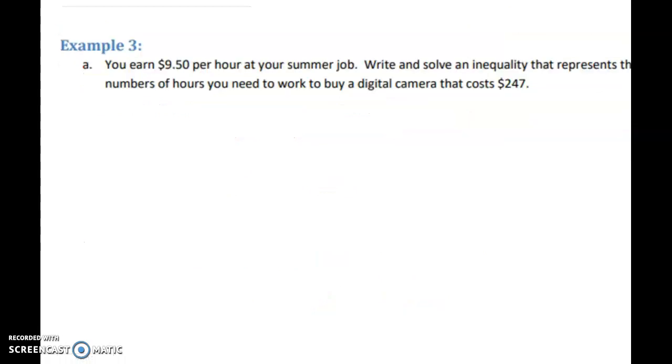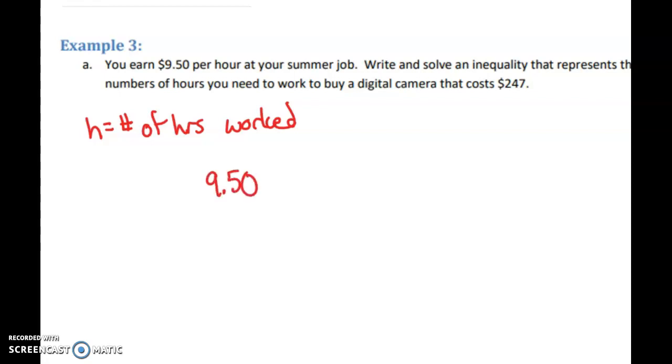All right, on 3A, it says you earn $9.50 per hour at your summer job. Write and solve an inequality that represents the number of hours you need to work to buy a digital camera that costs $247. So first of all, my variable is going to be H, and it's the number of hours worked. So we go ahead and write that down. So now how you make money, it's $9.50 per hour.